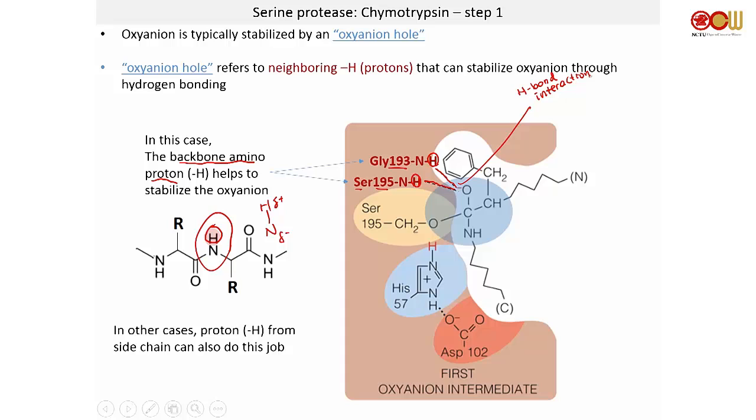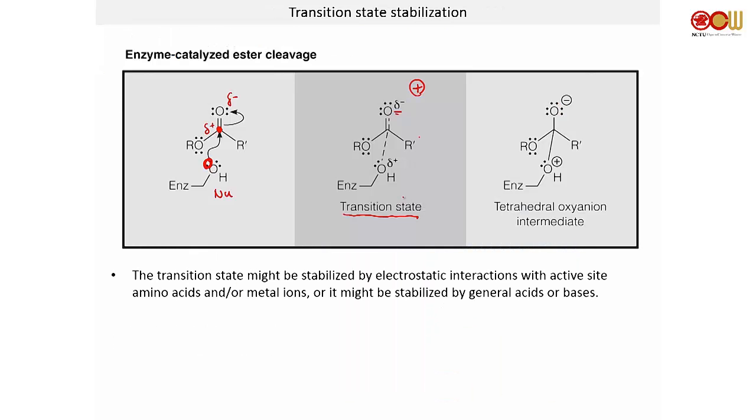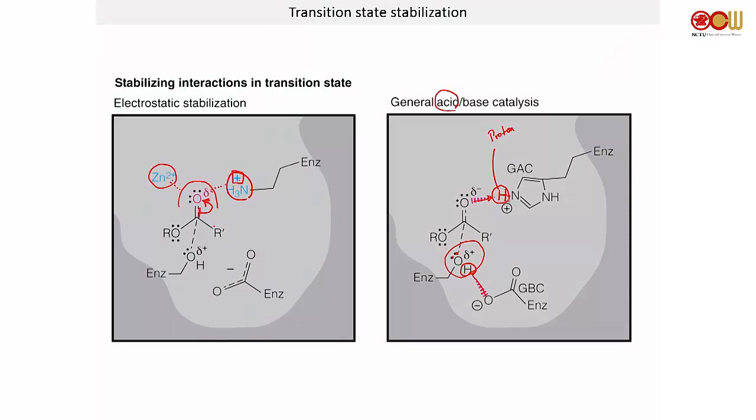You have hydrogen bond interaction right there because of NH, and that makes that hydrogen fairly partial positive, and then that fairly partial positive hydrogen will be used to stabilize the oxyanion. So during the transition state, right, remember we saw this a while back. During the transition state, you have to have some kind of a positive charge, or you have some kind of a hydrogen bond right here, right?